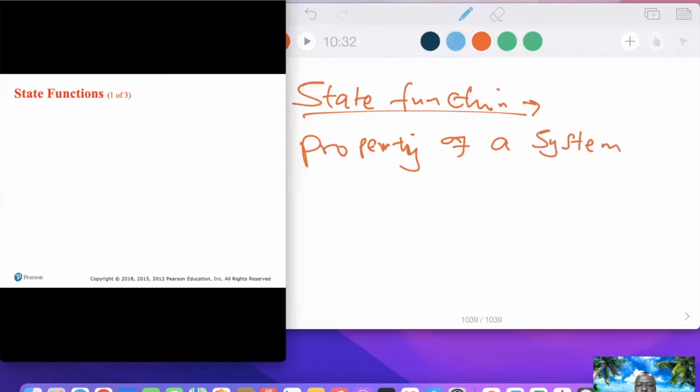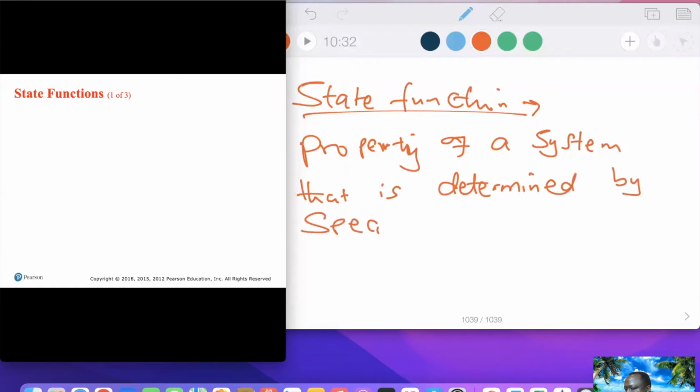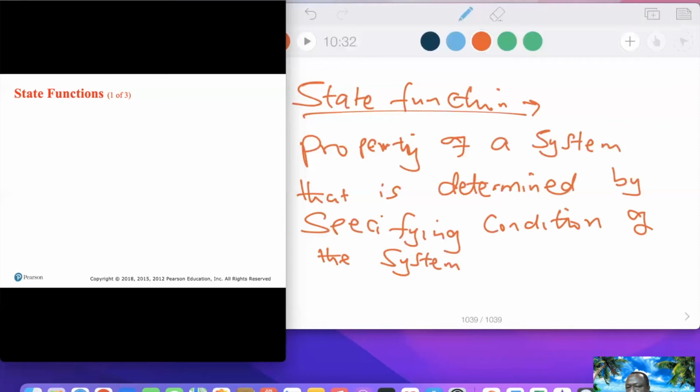A state function is a property of a system that is determined by specifying the condition of the system.